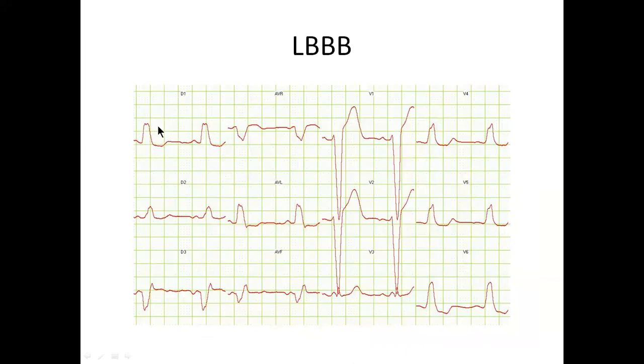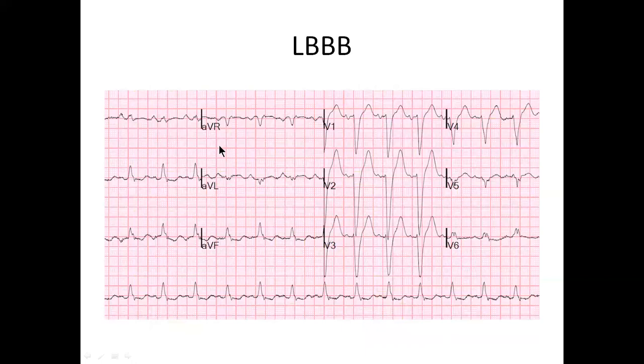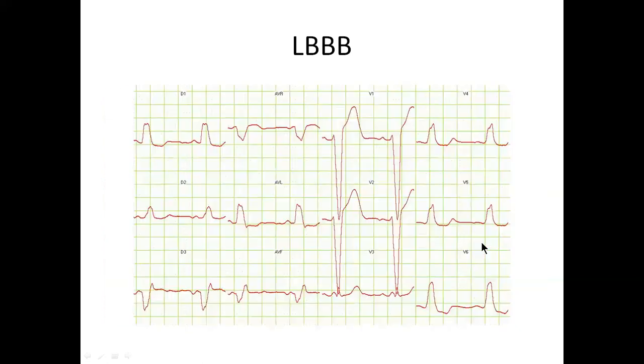So this is lead 1 and this is V6, and you can see the same pattern. Here is another example, an ECG with the QRS which is really broad. But the reason I put that here is sometimes it's not as tall as you would like it to be. But this is the classic picture you have to remember.